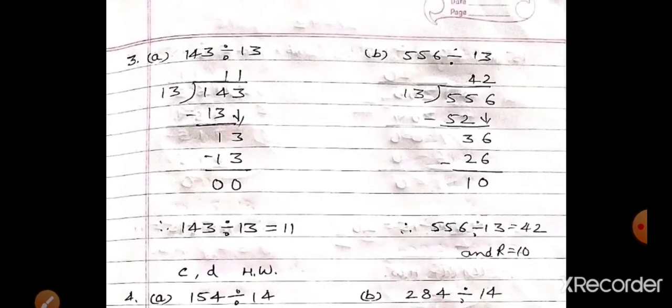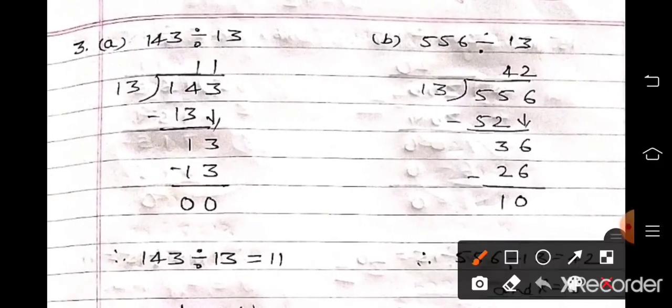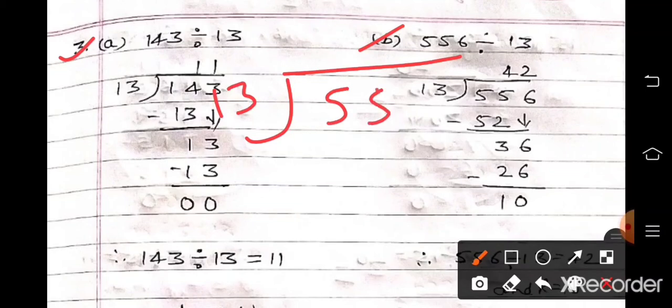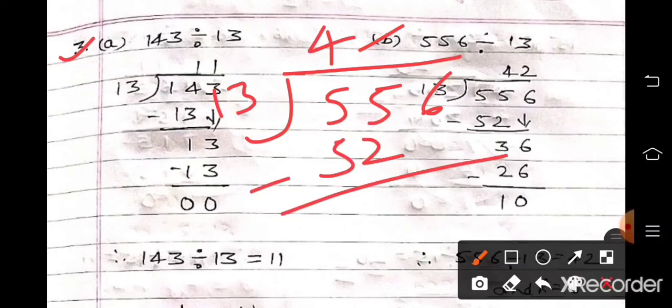Now question number 3, A part and B part. So look at the B part, 1356 divided by 13. So read the table of 13. 13 fours are 52. Subtract, 5 minus 2 is 3, and bring down 6 here.